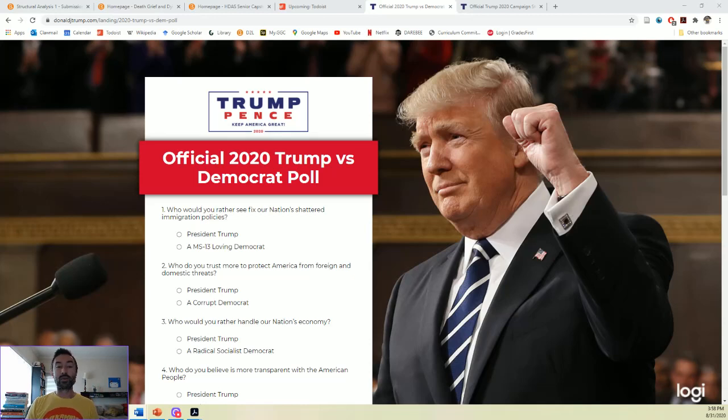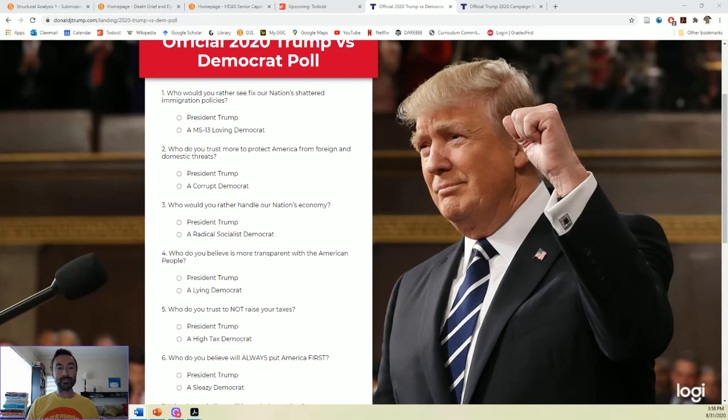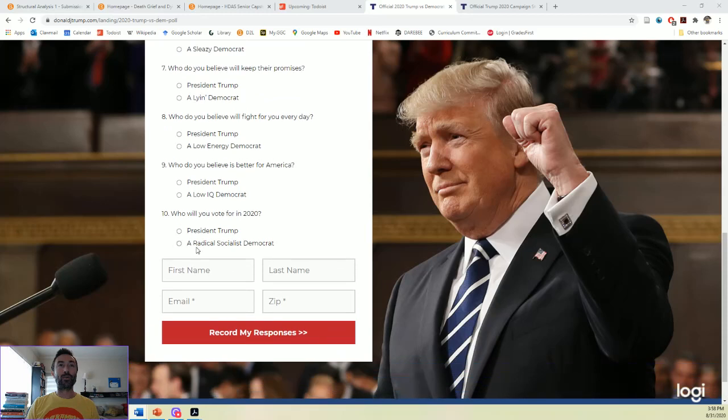Other questions ask if you would trust President Trump or a sleazy Democrat to always put America first, if you believe that President Trump or a lying Democrat will keep their promises, if you believe that President Trump or a low IQ Democrat is better for America, and finally, if you will vote for President Trump or a radical socialist Democrat in 2020.